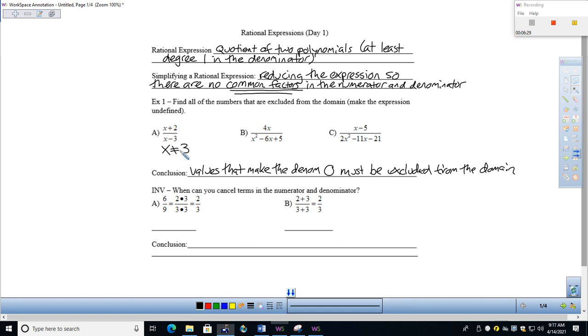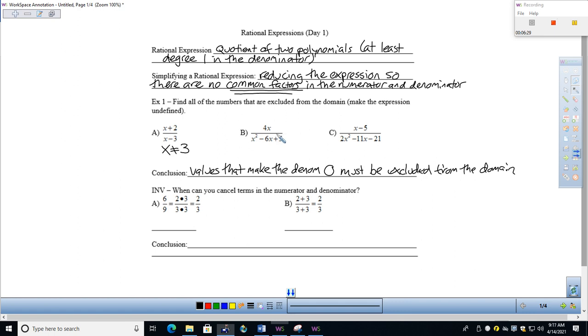And so the number 3 would be excluded from the domain because it makes the denominator 0. Okay? We don't care about the numerator being 0, but we do care about the denominator being 0 because that can't produce an answer. And so any value of x that makes the denominator 0 is excluded from the domain.